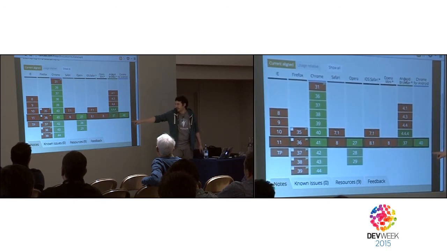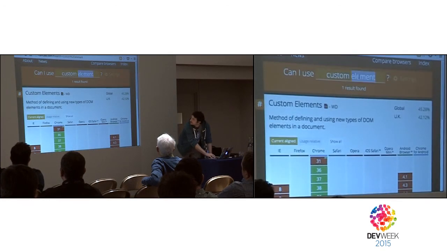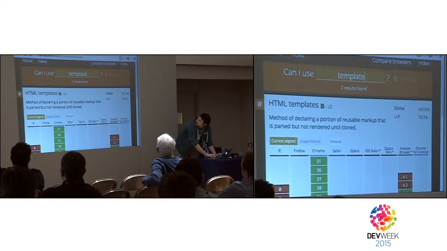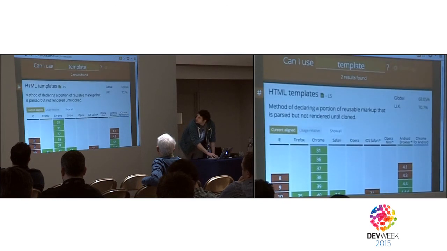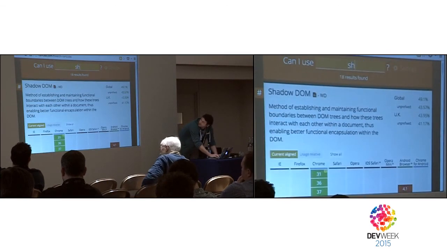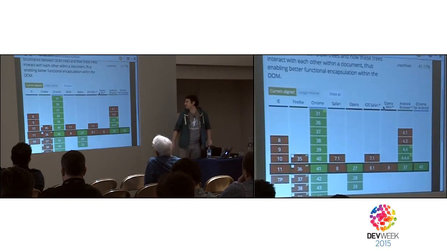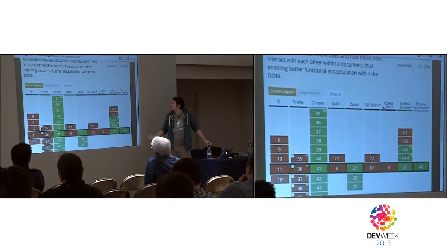So it's pretty good there. Again, with the polyfills, you get the support. Templates are supported everywhere except for Opera Mini. Anybody use Opera Mini? No, okay, we're all good there then. Shadow DOM will be tricky. So again, not bad. You still got the iOS support.